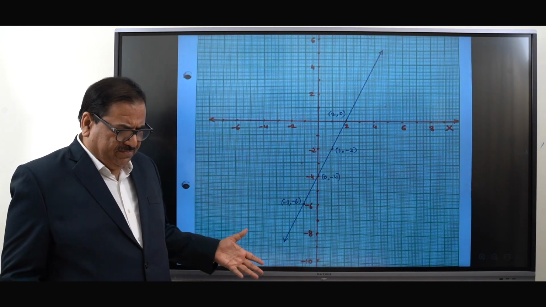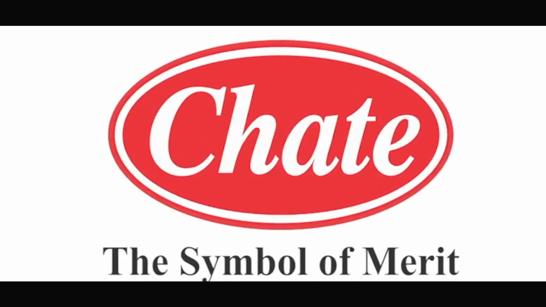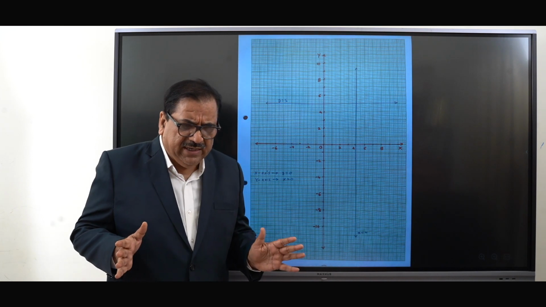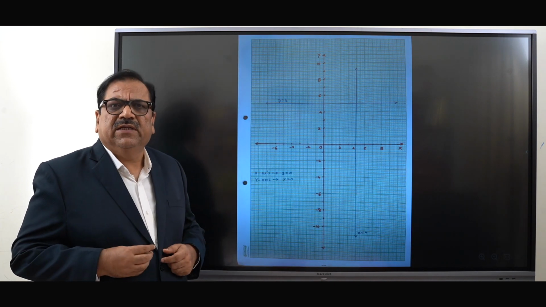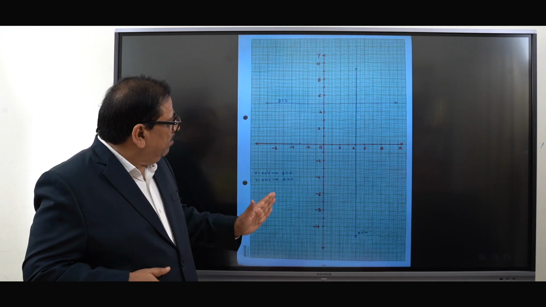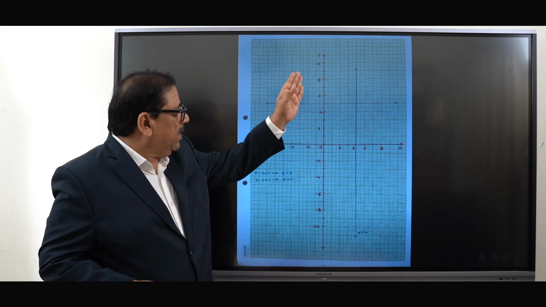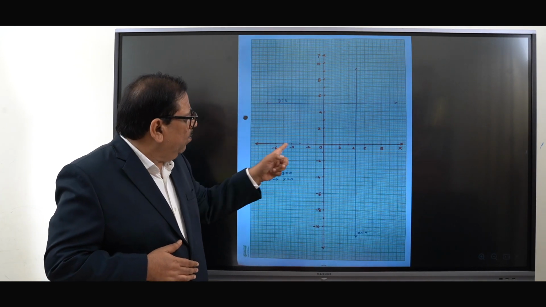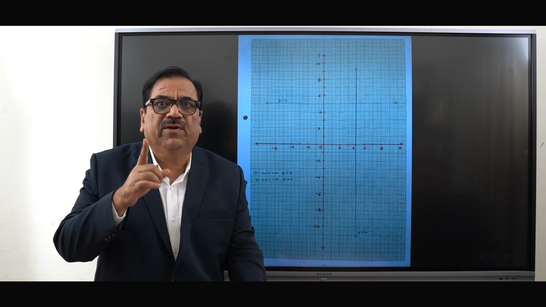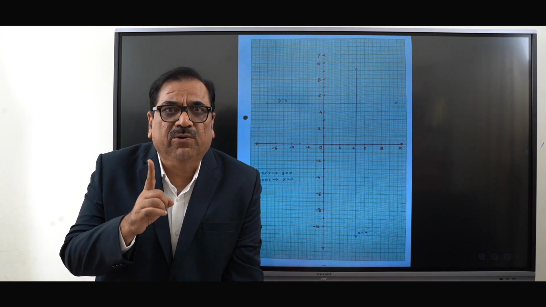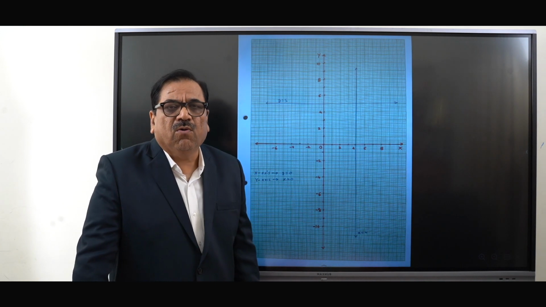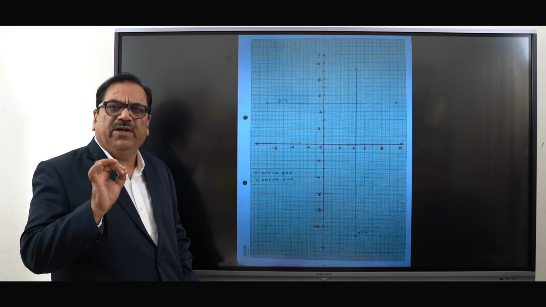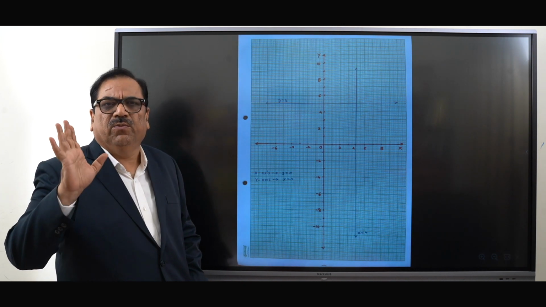Friends, it is not necessary that a line is always inclined. Sometimes these lines can be parallel to the x-axis or parallel to the y-axis. As we understood earlier, the equation of the x-axis is always y is equal to 0, because the y coordinate of any point on the x-axis is 0.